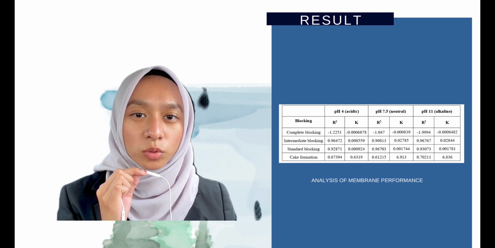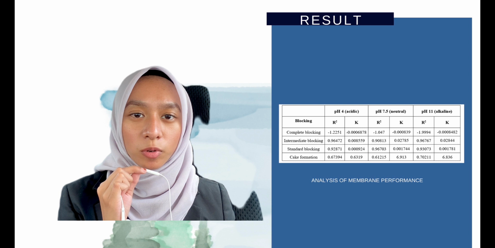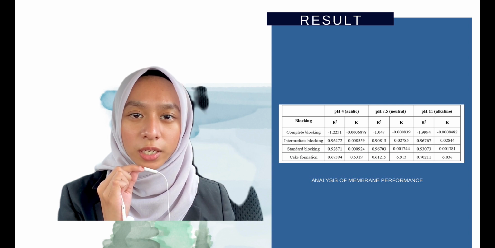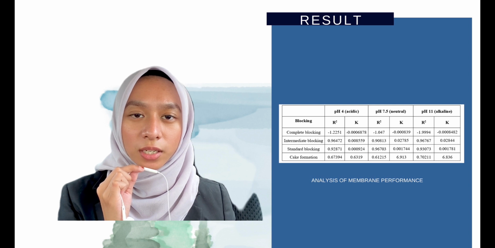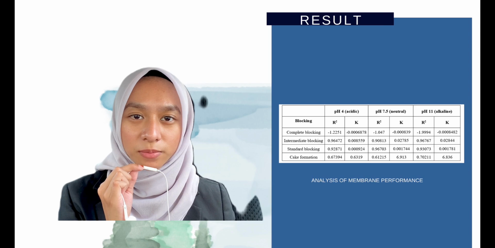Table 2 also shows that intermediate blocking is the most dominant blocking mechanism in pH 11. Those foulants reach the membrane but also attach onto each other and deposit. It also has the second highest K value compared to the other three blocking mechanisms.